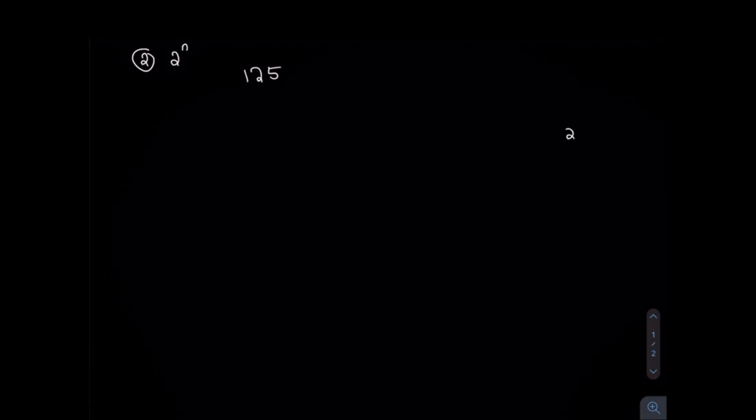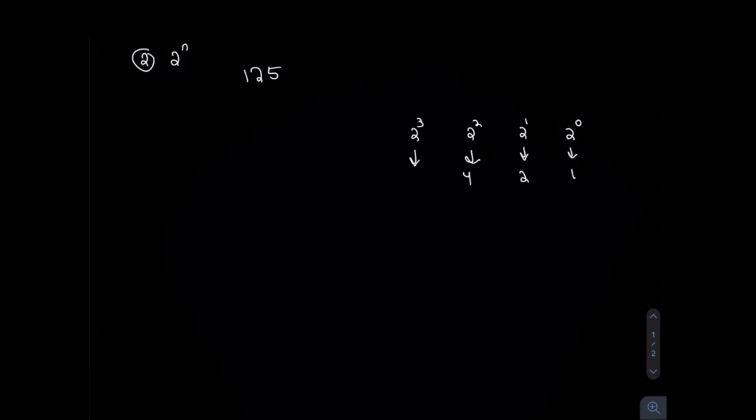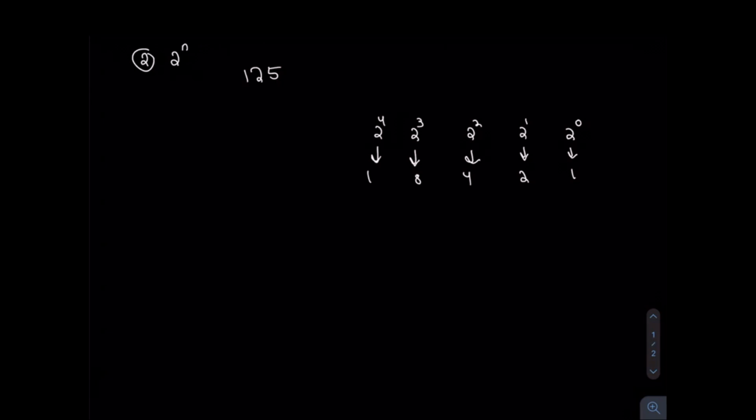So 2 to the power of 0 is 1. 2 to the power of 1 is 2. 2 to the power of 2 is 4. 2 to the power of 3 is 8. 2 to the power of 4 is 16.